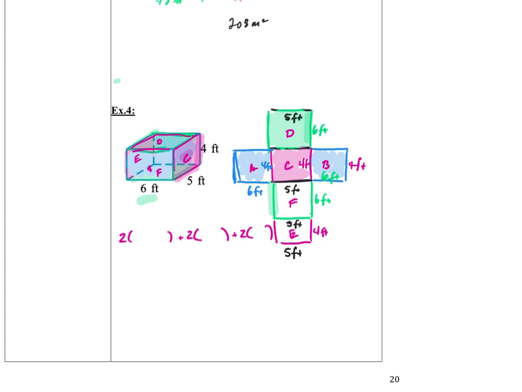So our faces were the 6 by 4s right here. And then we had our bases, which were 6 by 5. We had our sides, which were 5 by 4.